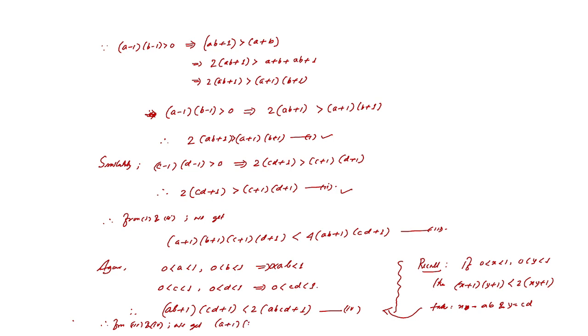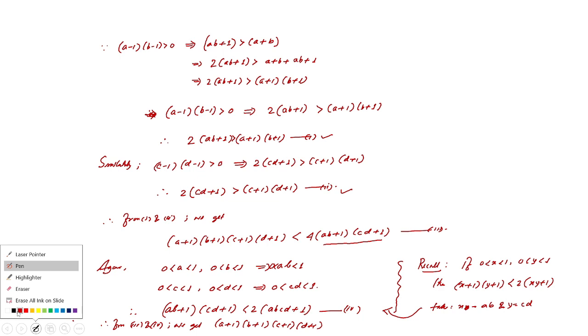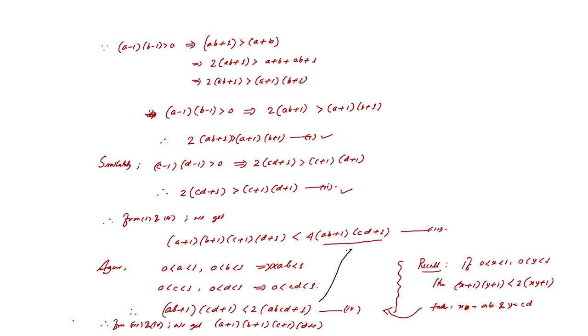(A+1)(B+1)(C+1)(D+1) is less than 4 into (AB+1)(CD+1). Just put the value, this inequality from 4 here. So what we will get? This is 4 into 2, that means 8 into (ABCD+1).